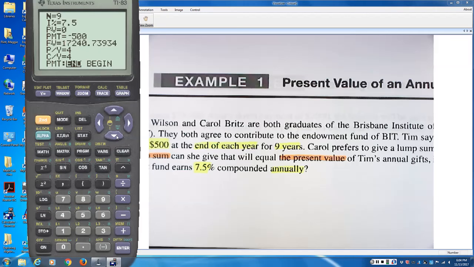We really could care less about what the future value is going to be. We're not interested in that. So we're just going to enter a 0 for that. Compoundings per year is 1. And since it's an ordinary annuity, the payments are made at the end. So we go back up and solve for the present value.